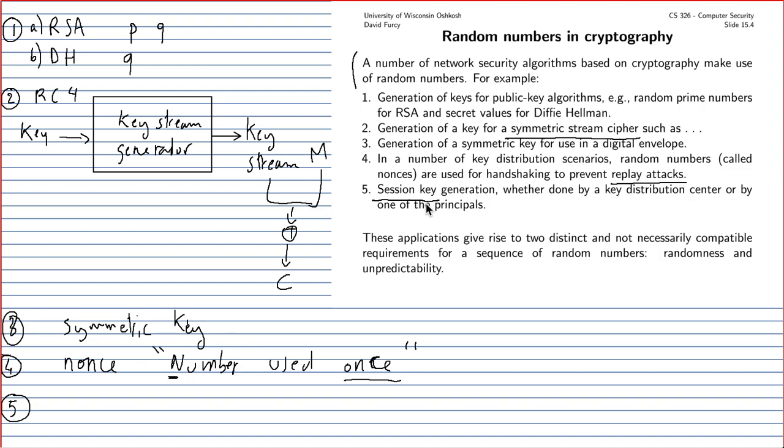And remember that these session keys had to be randomly generated by one of the parties. So here is yet another use of random numbers in cryptography. So in the upcoming video, we're going to discuss some of the properties of these numbers. And in particular, we're going to discuss the properties of randomness and unpredictability and see what they actually mean.